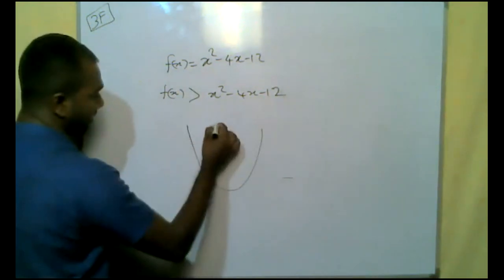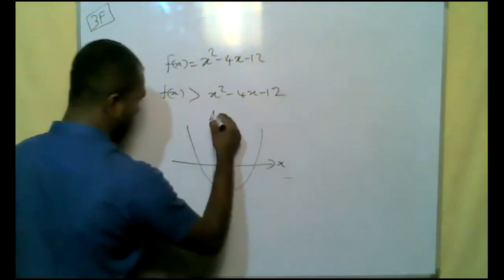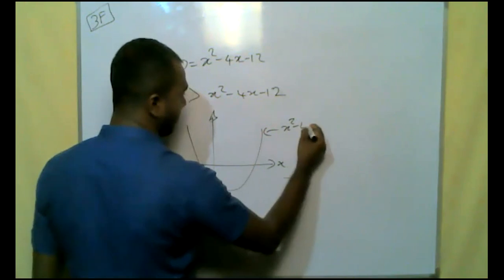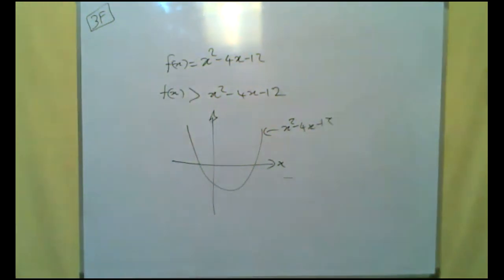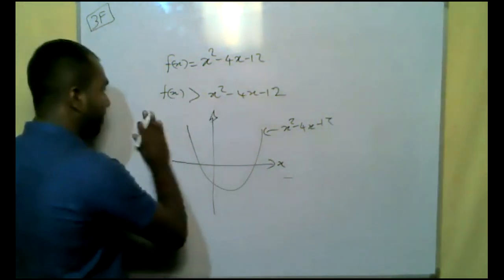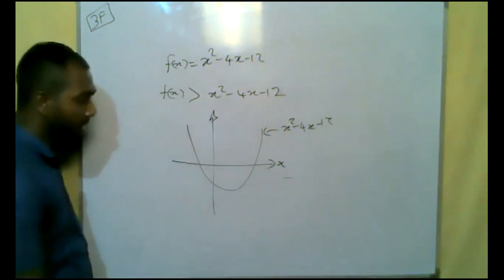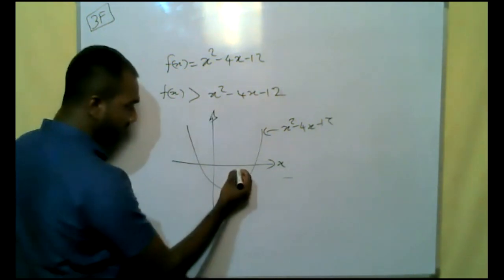This was our graph, x squared minus 4x minus 12. If we plot it, it will be like this. But the values of f(x) that we are thinking of should be greater than this. That means if we are thinking of just a value for x, think x equals 3.